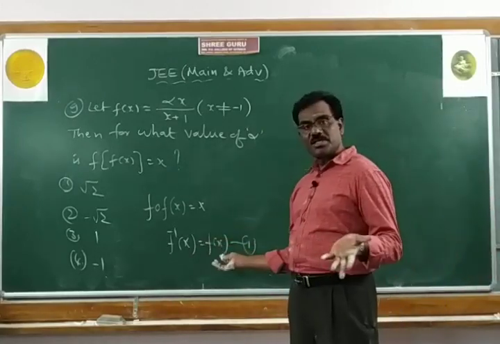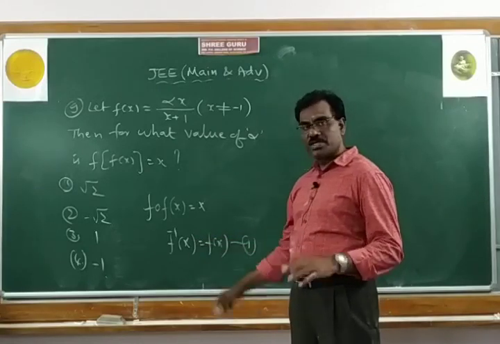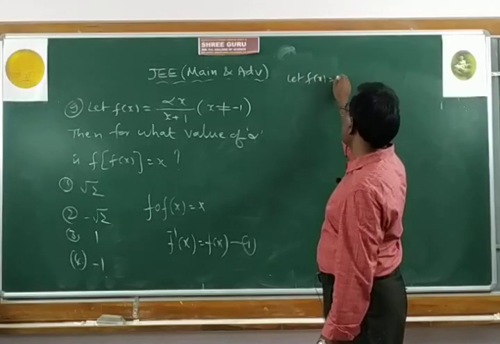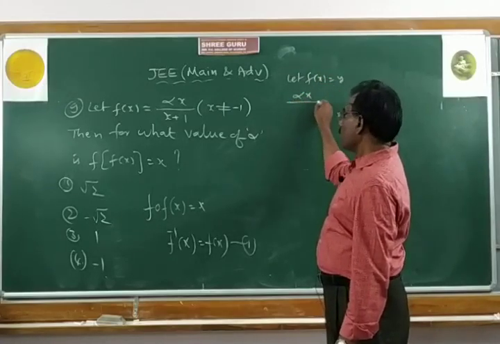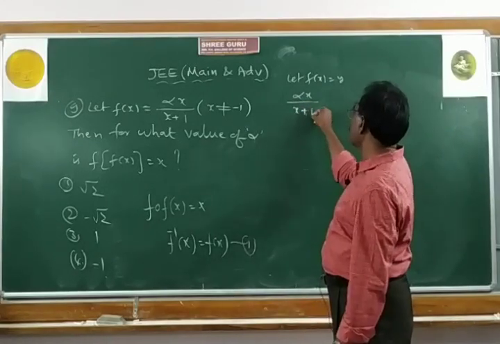So f inverse of x equals f of x. Now what to do? Solve for f inverse of x. Let f of x equal to y, alpha x divided by x plus 1 equal to y.